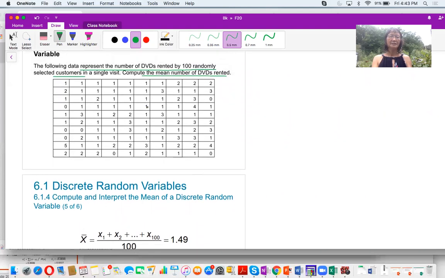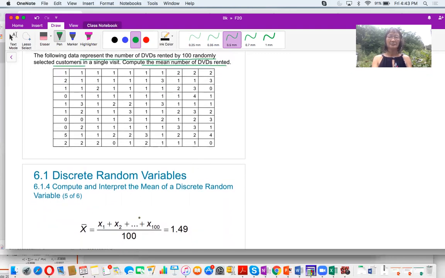The mean number of DVDs. So there are a total of 100 numbers. And for the mean, we use x bar. You add all these numbers together, 1 plus 1 plus 1 plus 1 until the second last one, plus 1 plus 0.